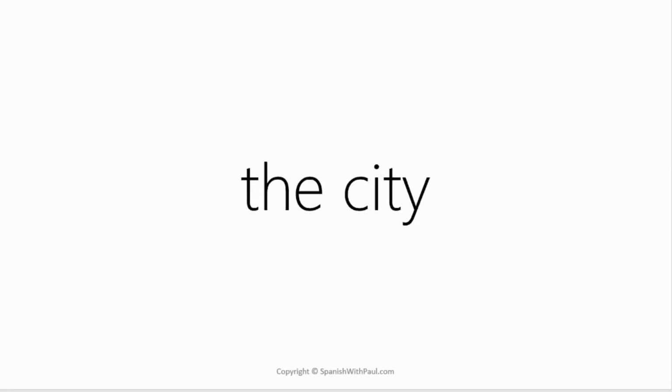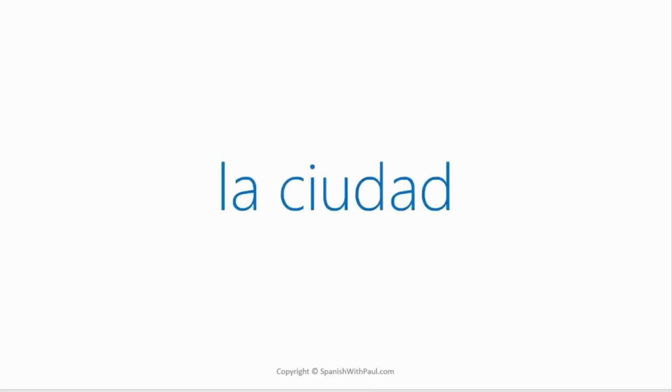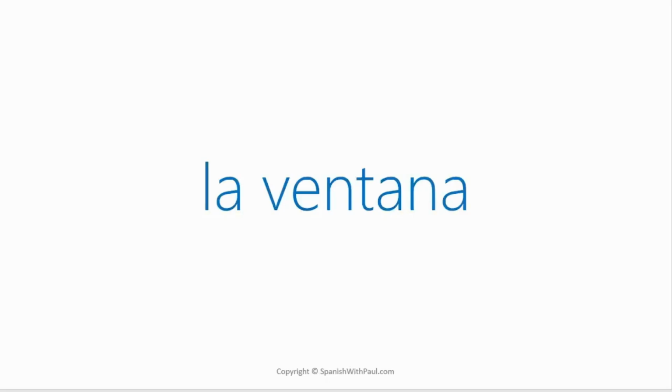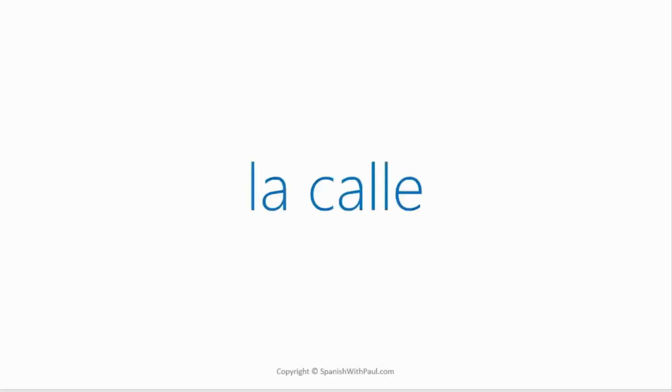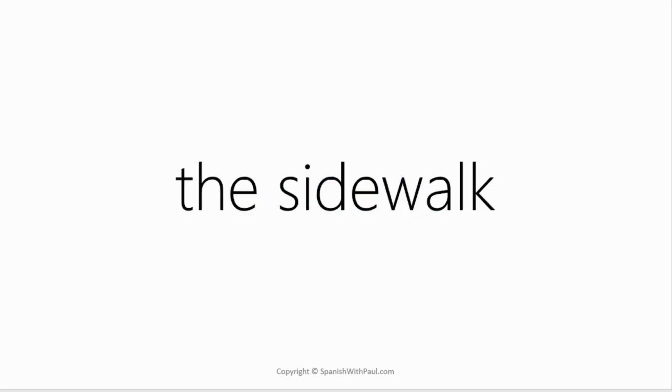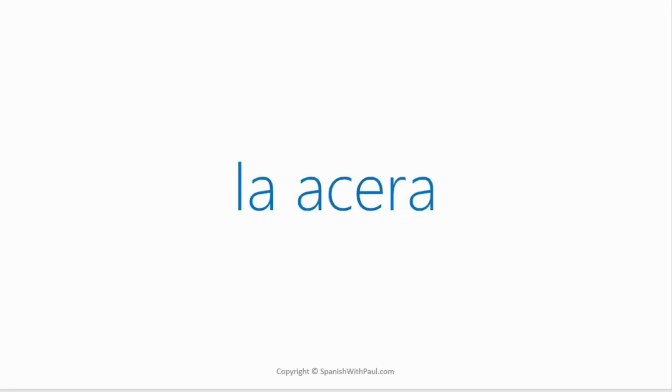Now let's switch into vocabulary from the picture of New York. The city. La ciudad. The window. La ventana. The street. La calle. The sidewalk. La acera. The tree. El árbol. The traffic light.